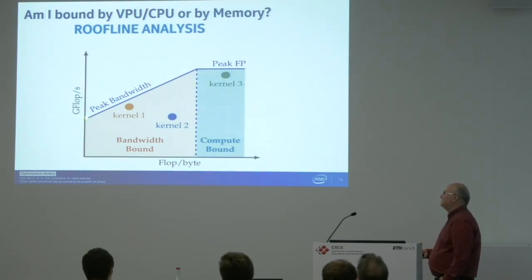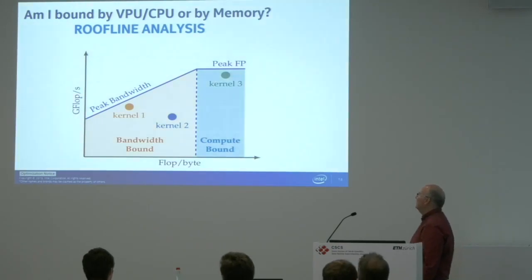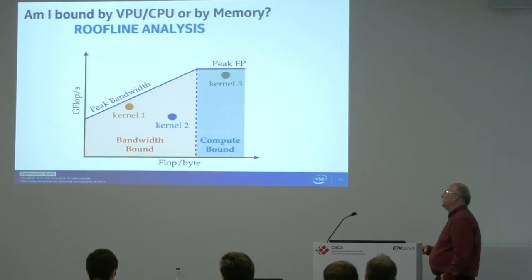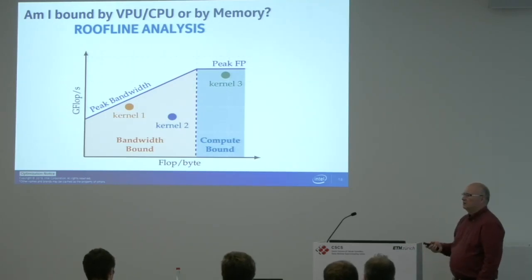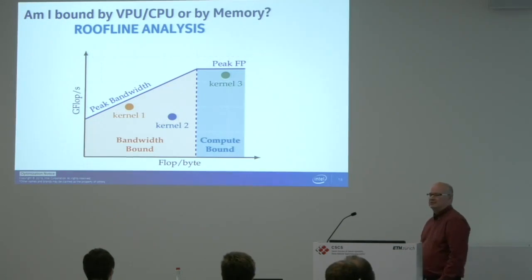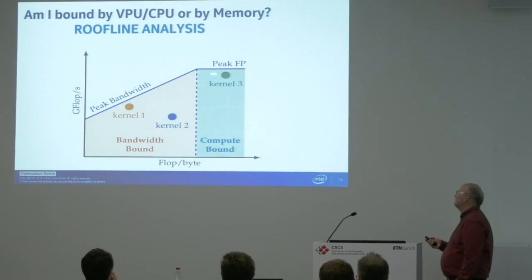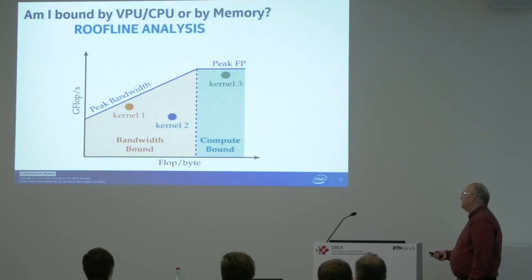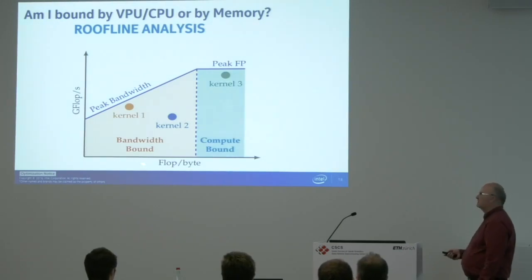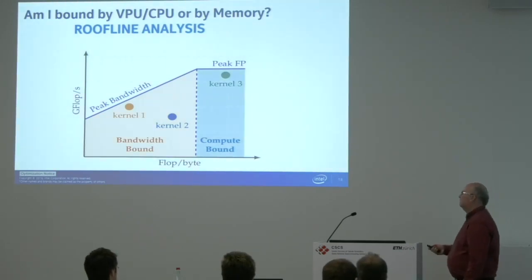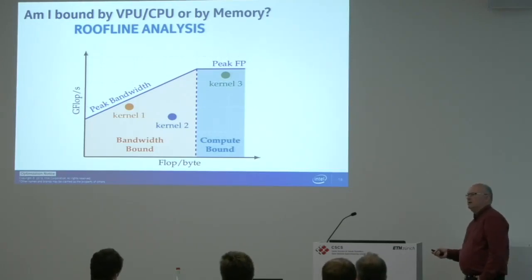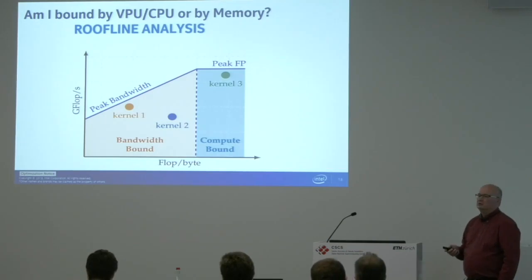So the y-axis is gigaflops per second, and here is the top performance. It will be refined later by showing several kinds of top performance depending on the instruction used, but let's take the peak performance first. And here is the arithmetic intensity, it's called, it's flop per byte. So it means when you have a loop, how many flops can be calculated per read byte.